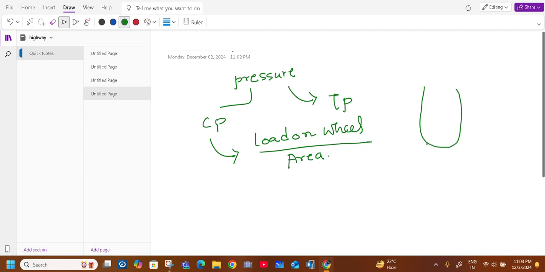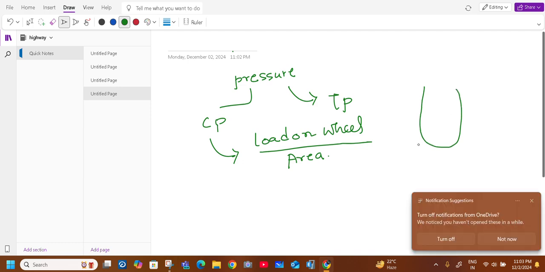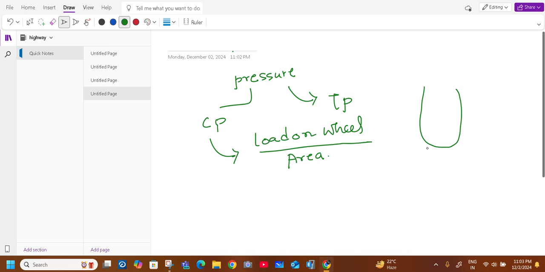Suppose this is the tire. This is the tire pressure and this is the contact pressure.